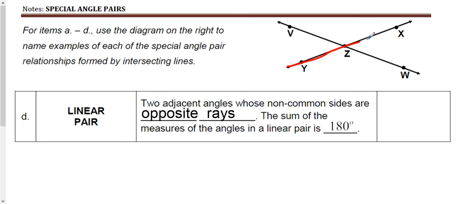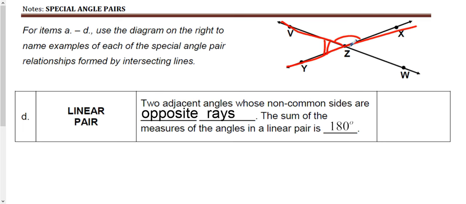So here's a line. If I cut it with this ray right here, it's cut into this angle right here, XZV, and this one right here, VZY. They're not equal. I'll put a 2 mark here. But they share this common vertex. They're adjacent, right?